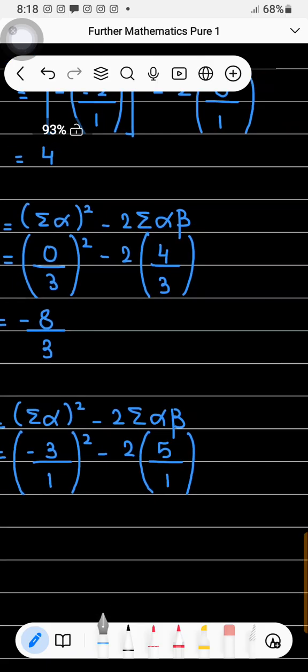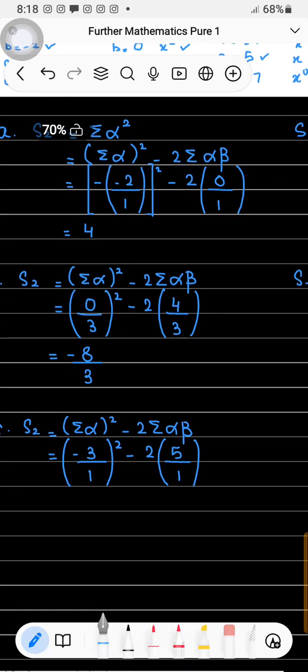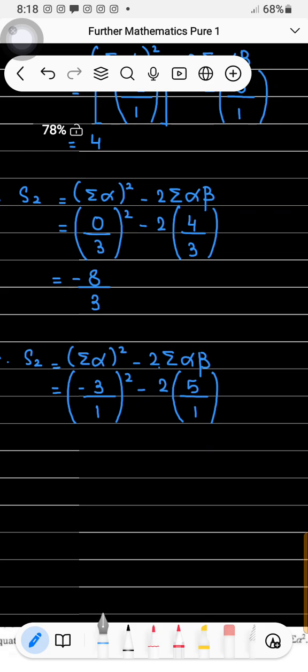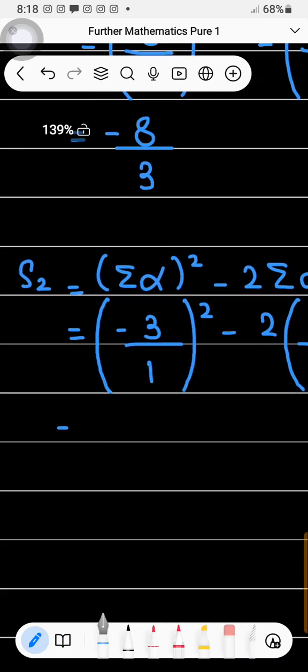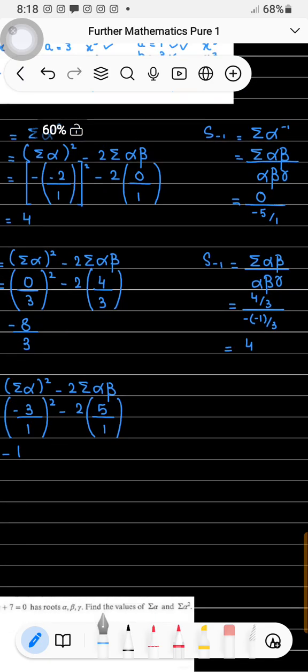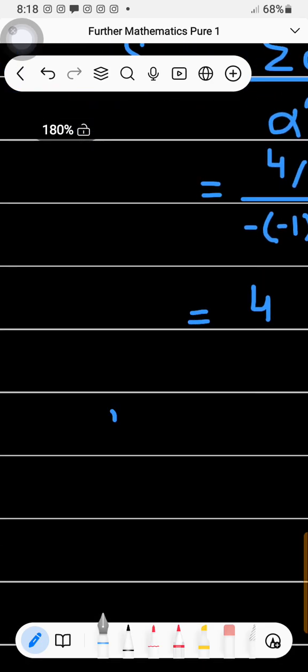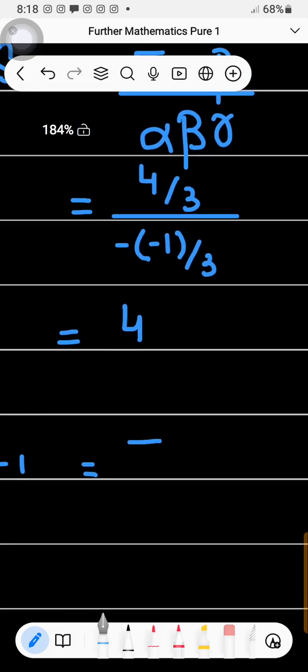So what will be the answer? Calculated from the calculator, it becomes minus 1. Okay. Then s minus 1 has the formula sum of alpha beta upon alpha beta gamma.